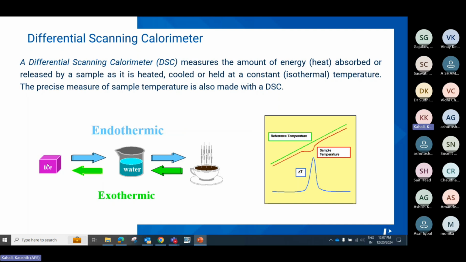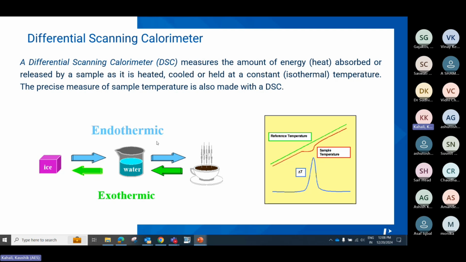So, when ice is taking heat inside the system, it's becoming water, and further the water, if heated, is becoming steam. The same way, when the steam is releasing the heat, it becomes water, and when it is releasing the heat further, it is becoming ice. So this is the endothermic part and this is the exothermic part.